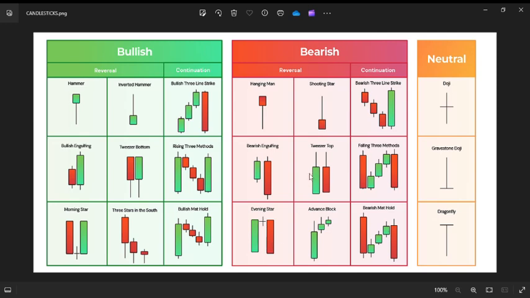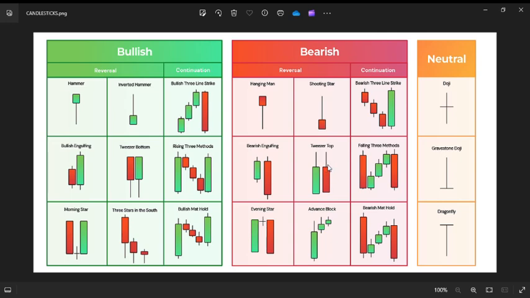Then we have the tweezer top. The tweezer top also forms at the end of an uptrend. So what happens is that the market moves strongly to the upside, and then it gets to a certain resistance level, and then it loses strength. The sellers take over.